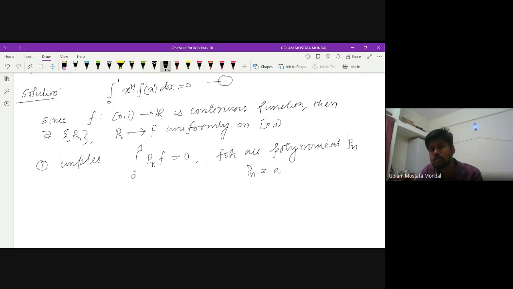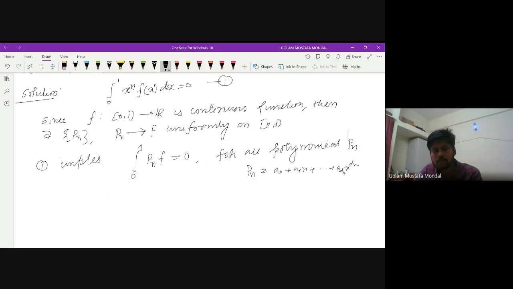So P n can be written as a0 plus a1 x plus dot dot dot plus a d n x to the power d n.